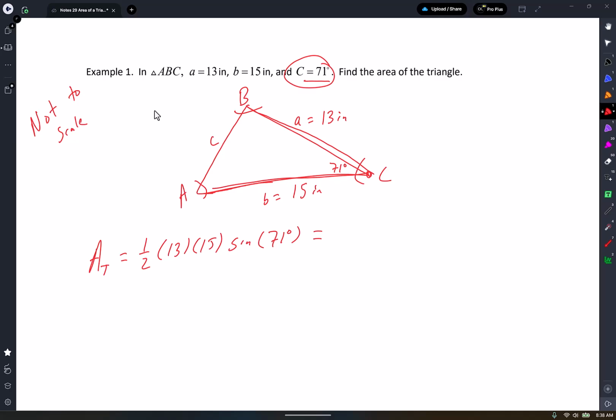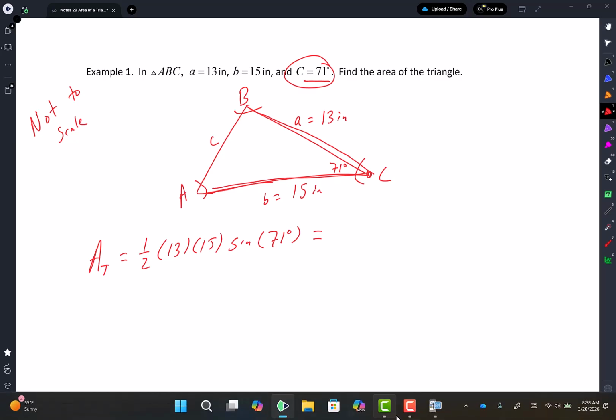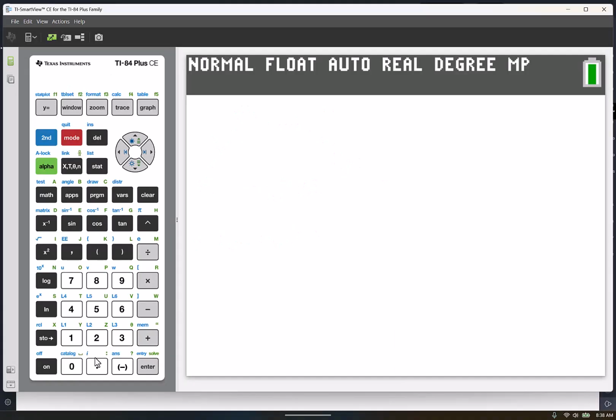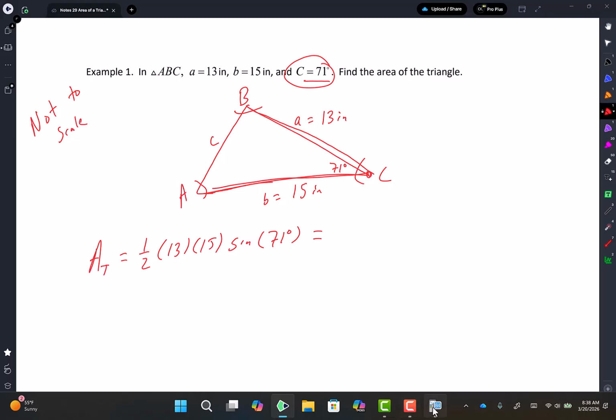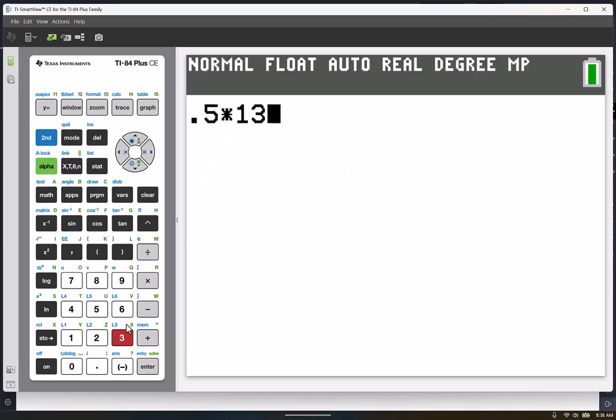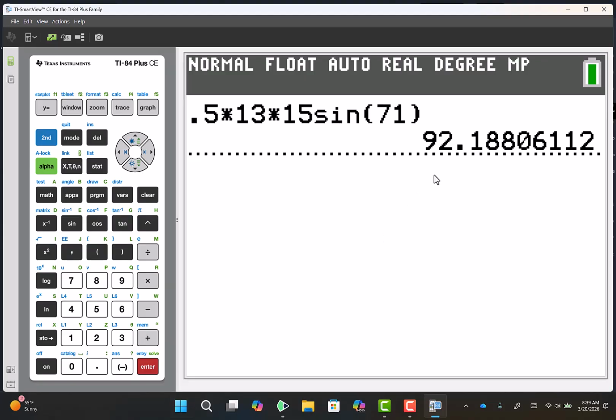Did I already talk to you guys about that? Yeah, so you're just plugging and chugging now. 0.5 for half, unless you want to push half. It's not a big deal. Times 13 times 15. And then I push sine of 71. And then bam, that's it.